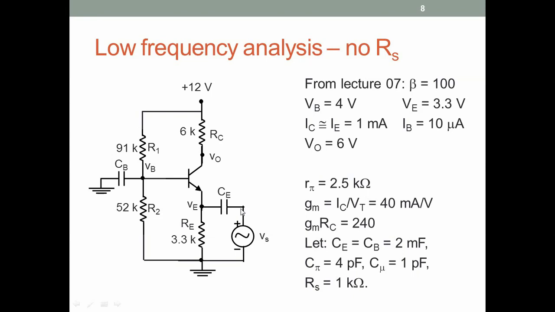It turns out that when we solve this circuit, if RS is included, the equations become just too complicated and very tedious on paper, and I did not want you to go through that tediousness. This is a manageable circuit, and I expect that you will solve this circuit on your own also. The solution is here. We'll go through it, but you must solve it on your own also.